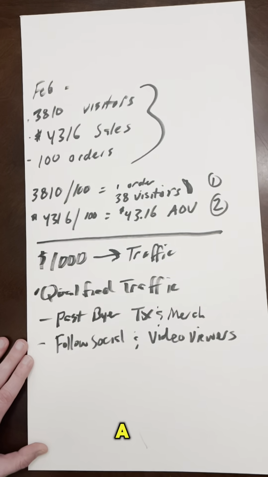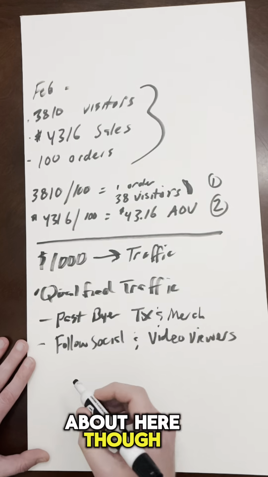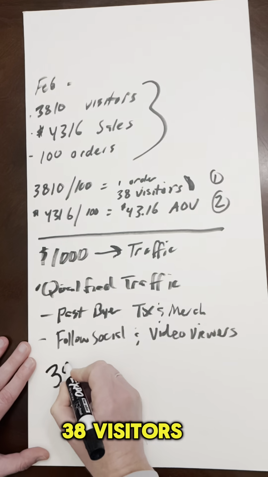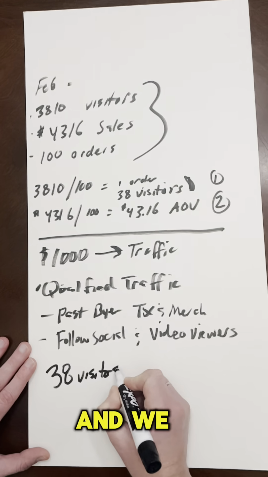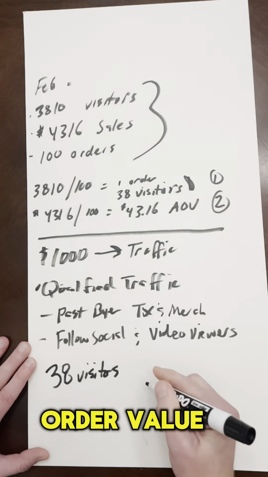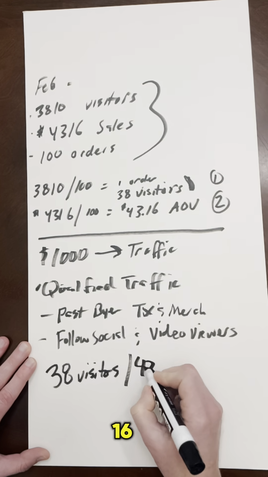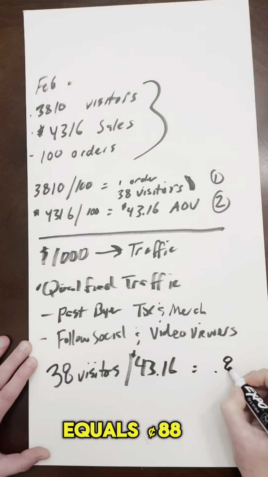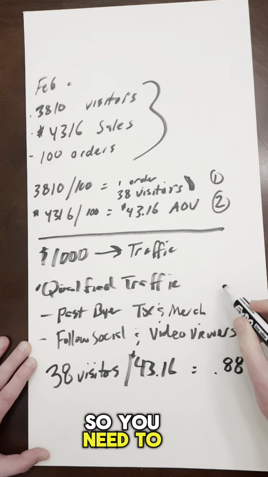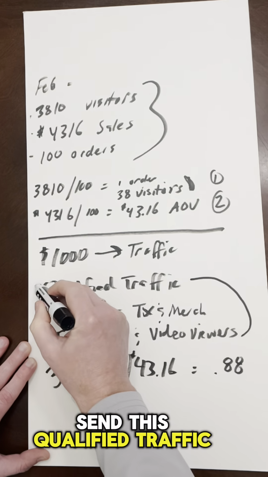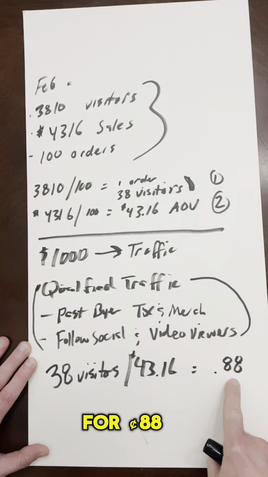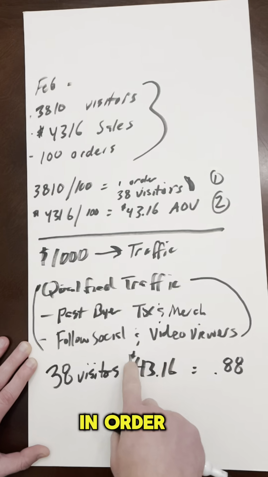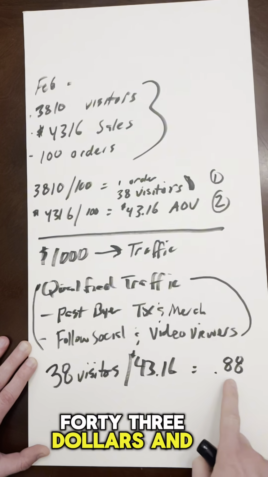So if we had 38 visitors, and we know we make an average order value of $43.16, we're going to divide these two, which equals 88 cents. So you need to send this qualified traffic for 88 cents: 1 click, 1 visitor for 88 cents or less in order for you to get to this number here, $43.16.